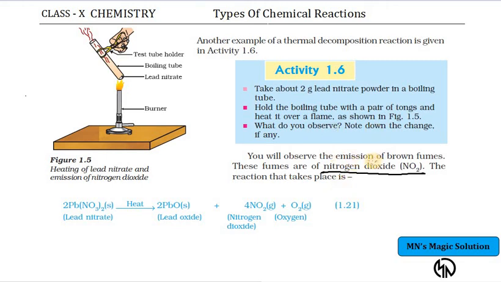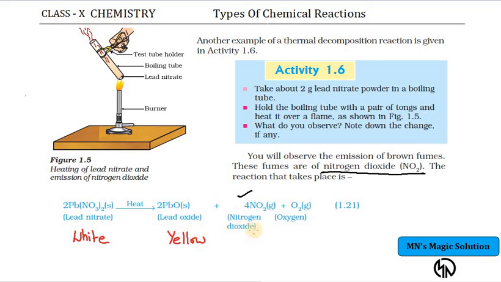When you are heating it, emission of brown fumes can be seen, and these brown fumes are nothing but the liberation of nitrogen dioxide from the test tube. The lead nitrate is white in color, and the lead oxide is yellow in color.